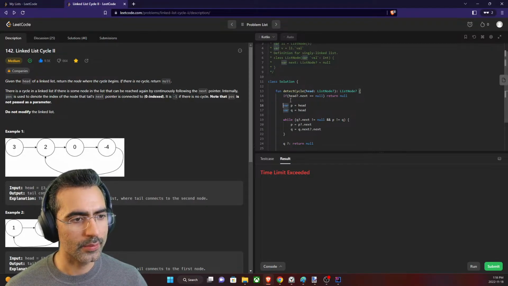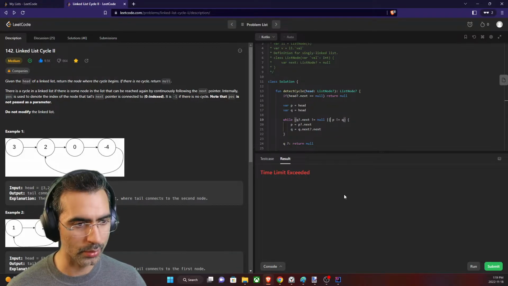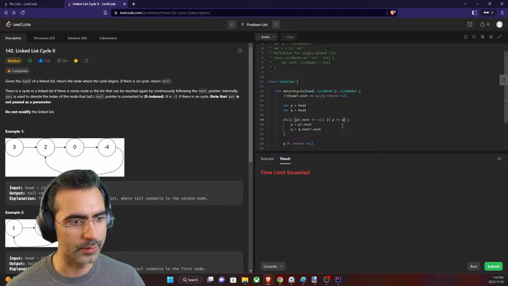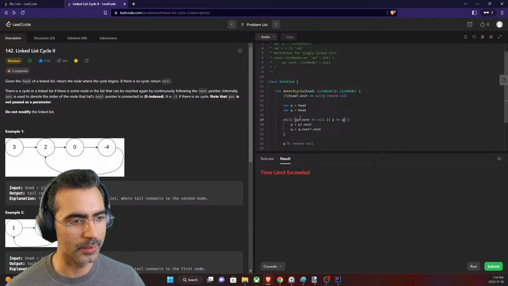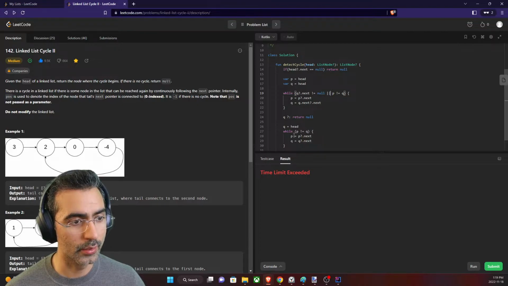Now we start with P, the slow node, and Q, the fast node. As long as we haven't reached a null node at the very end, or as long as they're not equal, so this should be an or. Hopefully this will solve that time limit exceeded. We're probably looping through this while loop forever. Anyways, so we do this.